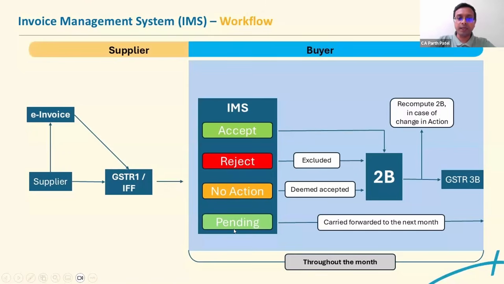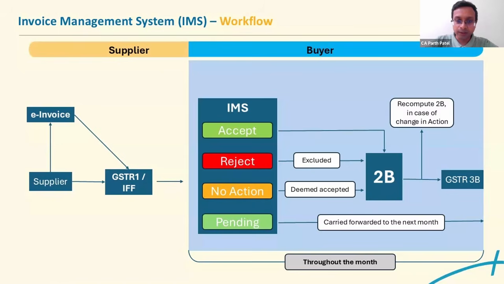Let's say if we keep a particular bill pending, for example, what we have discussed on the goods in transit. So we have not yet received that particular goods. If we are not taking action on the IMS, probably we will reverse that particular ITC of that bill which is in transit in the current month, and in the next month we will reclaim that particular ITC.